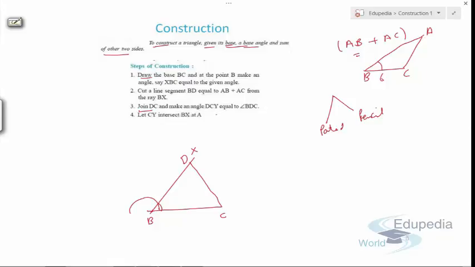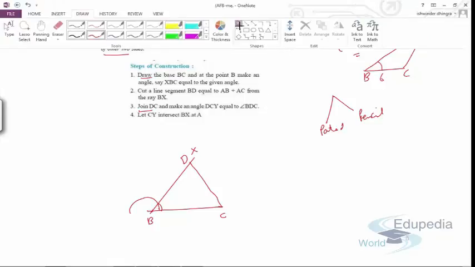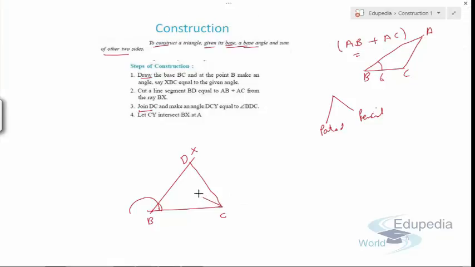So let's see how we can do this. We need to make a line from this point C, like this, and let's say this point is A, such that this angle is equal to this angle, right?